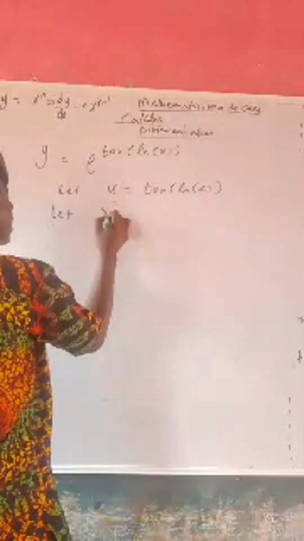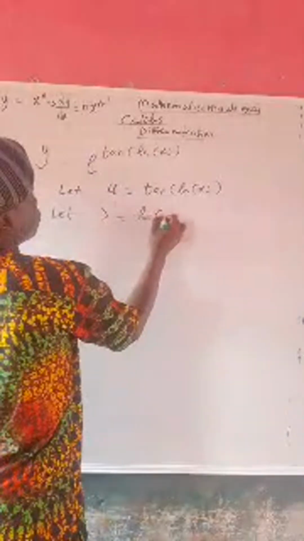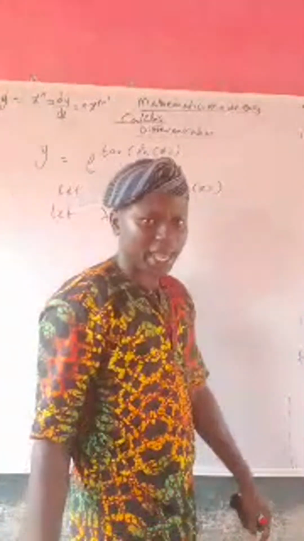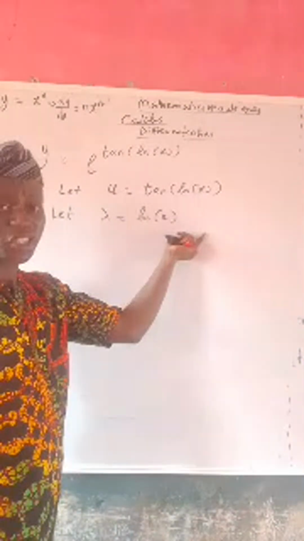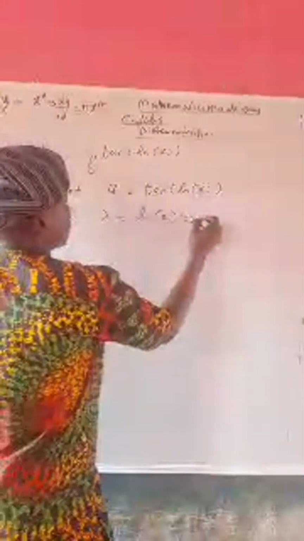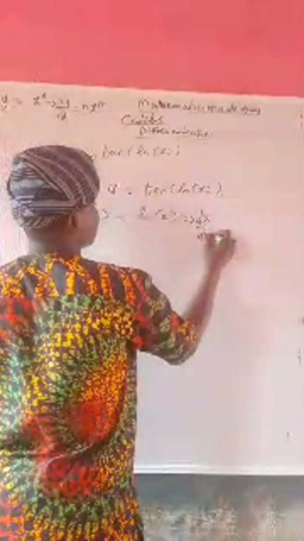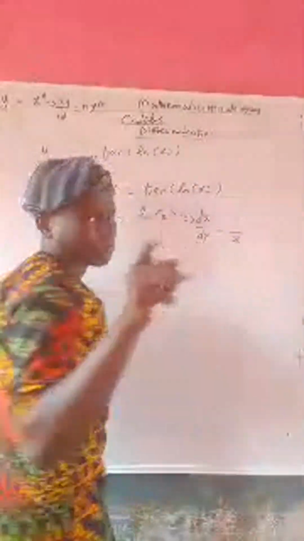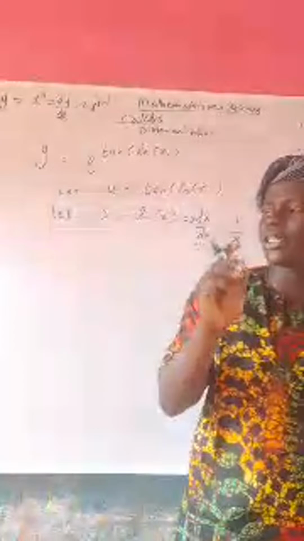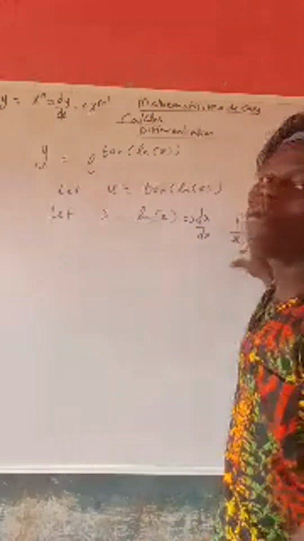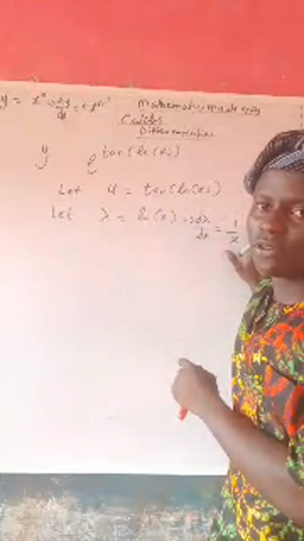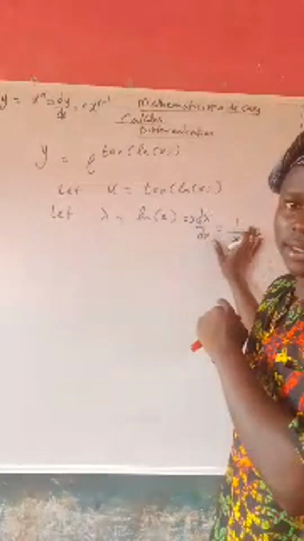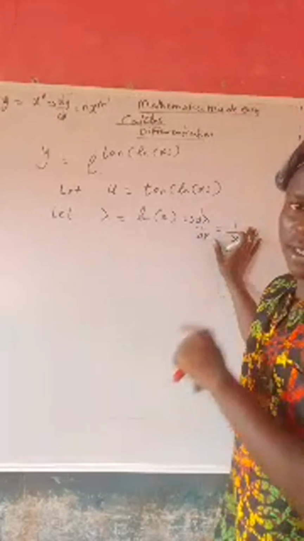Let lambda be equal to natural log of x. Differentiating with respect to x, we have d lambda over dx equals 1 over x. Remember, if we differentiate natural log of x, we have 1 over x. Take note of that.